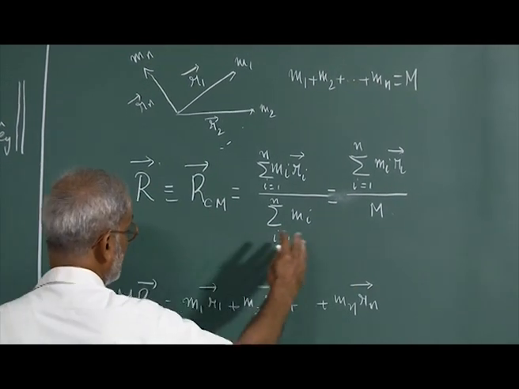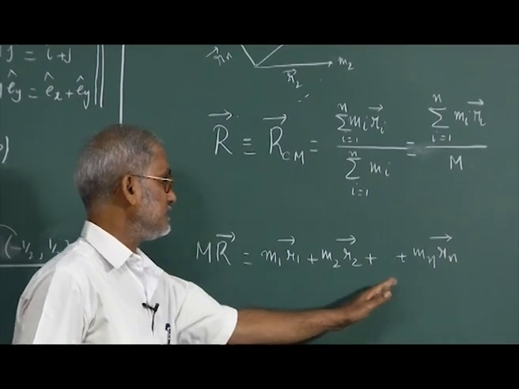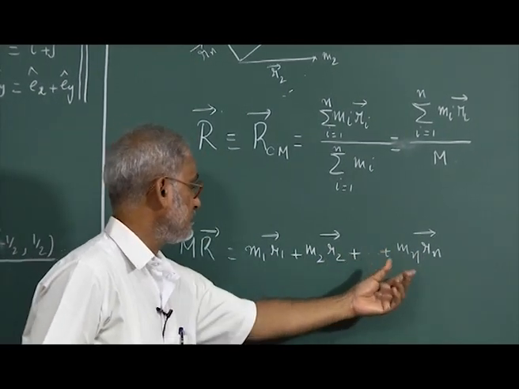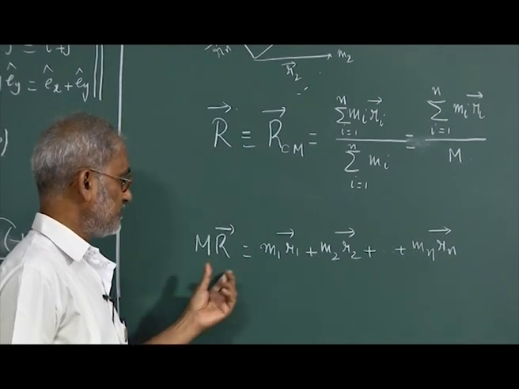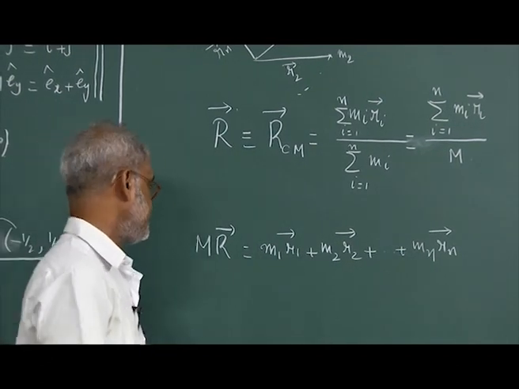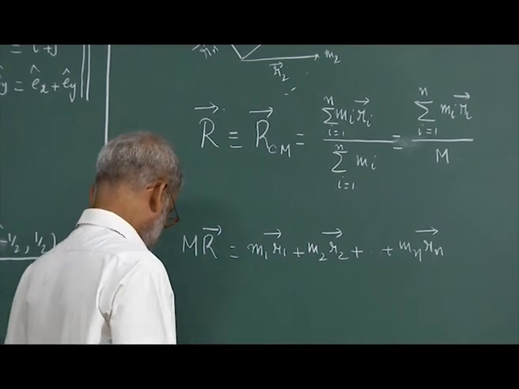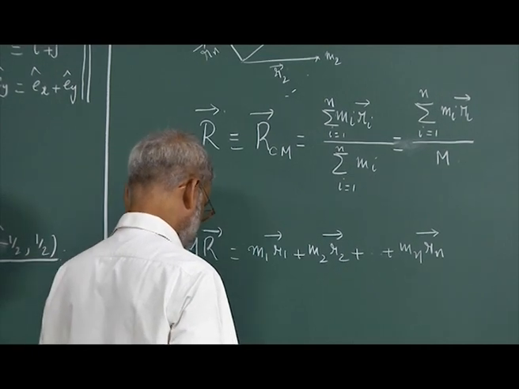Now, I differentiate on both sides. This looks like a momentum conservation, this is the sum of the momenta of all the particles, and this also represents the momentum of center of mass, of total mass M rather. Okay. Now, I will differentiate on both sides with respect to time.